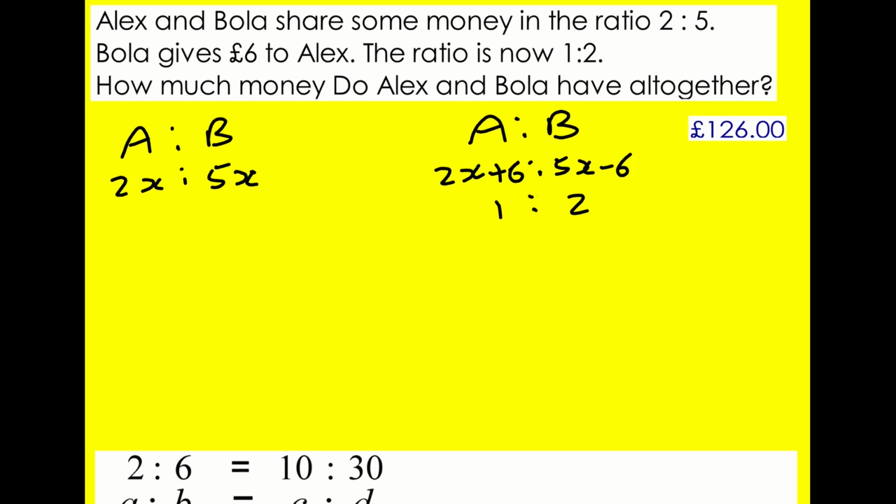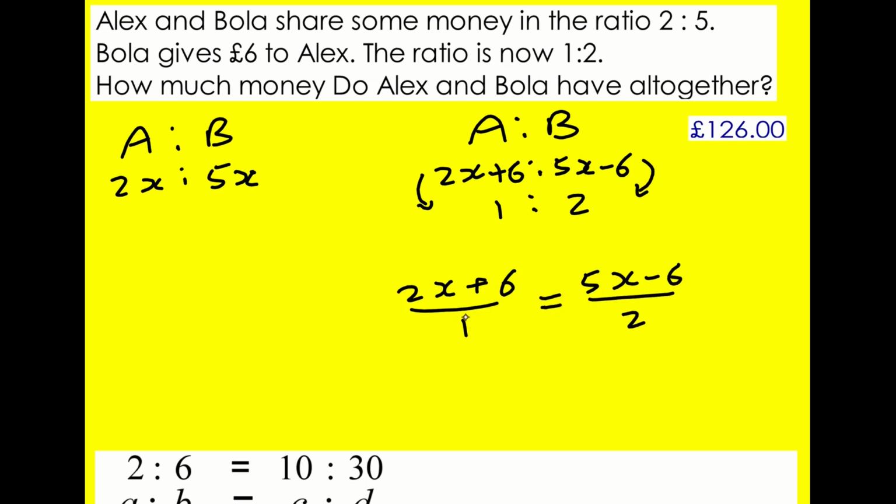So we need to use our knowledge of what's going on. We can link these together by timesing by a scale factor, and that scale factor would be (2x plus 6) over 1, but it would also be (5x minus 6) over 2. This is our classic way of dealing with this.